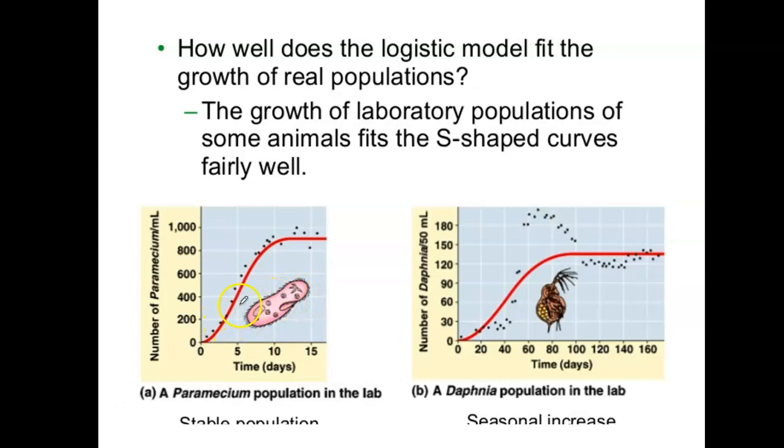They give enough food in the beginning and they took off, and then eventually they would level out. This is paramecium, and this is Daphnia, another cool little organism. These are all the data points, and they sort of stay in that location. So sometimes it's a seasonal increase, sometimes it's not, and it depends on the population.